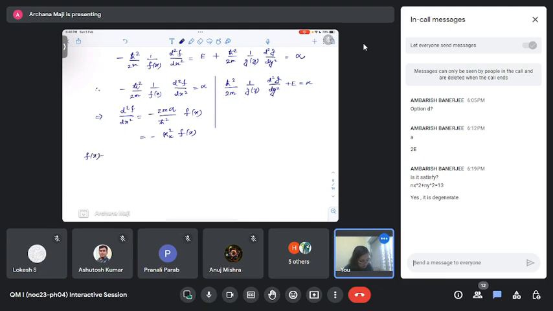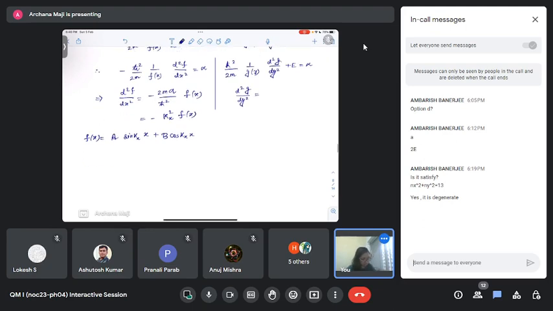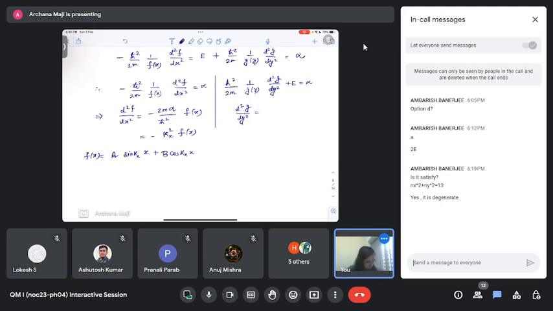So f of x becomes a sine kx plus b cos kx, and from that this differential equation we will get twice m e minus alpha divided by h cross square g of y, and call it ky square g of y.